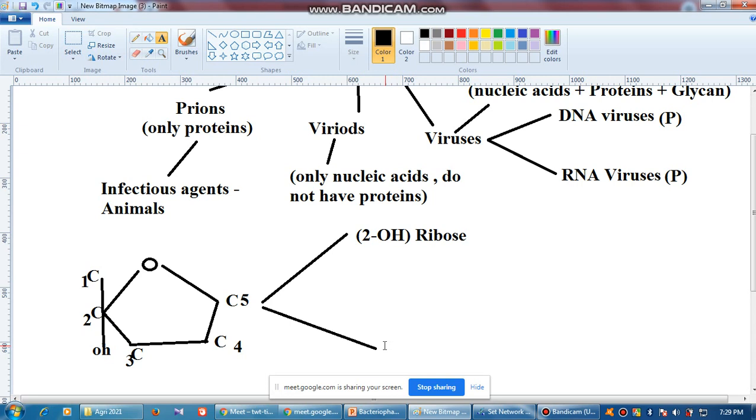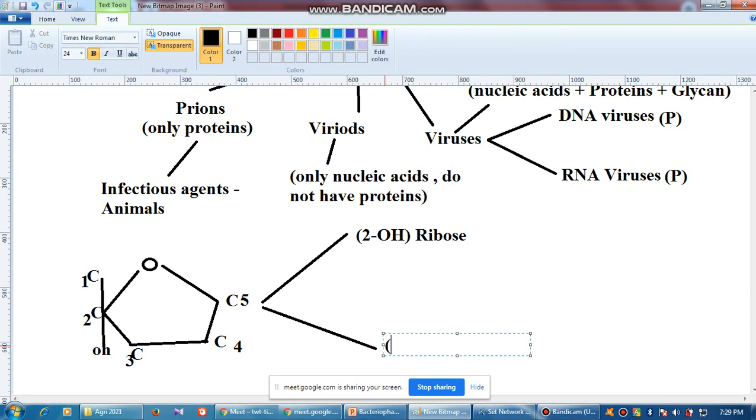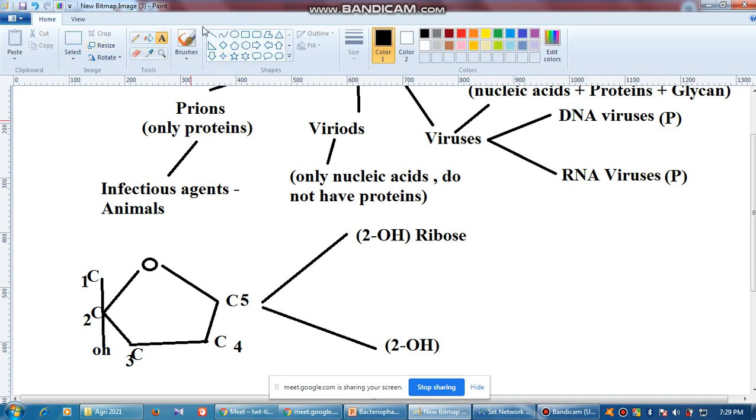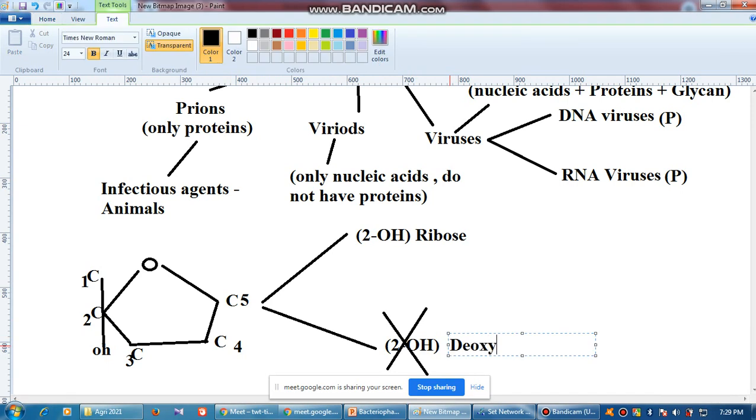But one more sugar is there which looks exactly like this, but there is a fundamental difference. In this one the 2' hydroxyl group is not there, and in this case we shall call it deoxyribose. Deoxy means where there is no hydroxyl group.